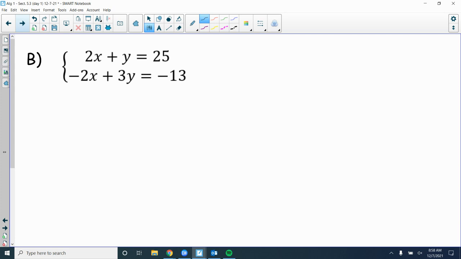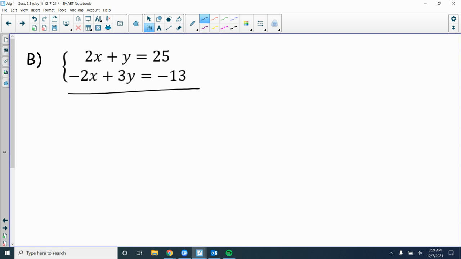Negative 2 plus negative 2 is negative 4. What we want is 0. You got a positive and you got a negative. Then you're like, great, I can just go ahead and do this. So they automatically add up.